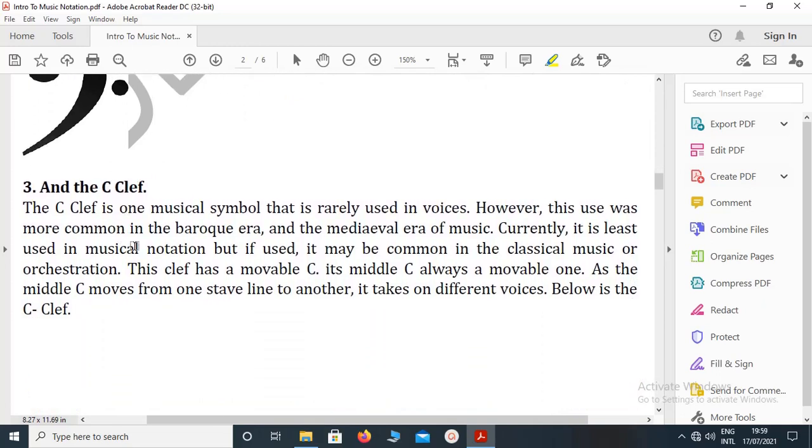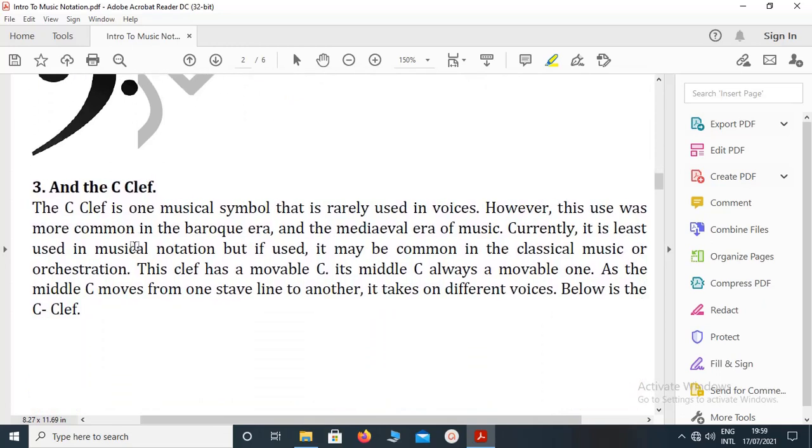Then perhaps the last one is the C clef. The C clef is one musical symbol that is rarely used for voices. However, this use was much more common in a certain era, though even up to date, there are some composers who still use it.